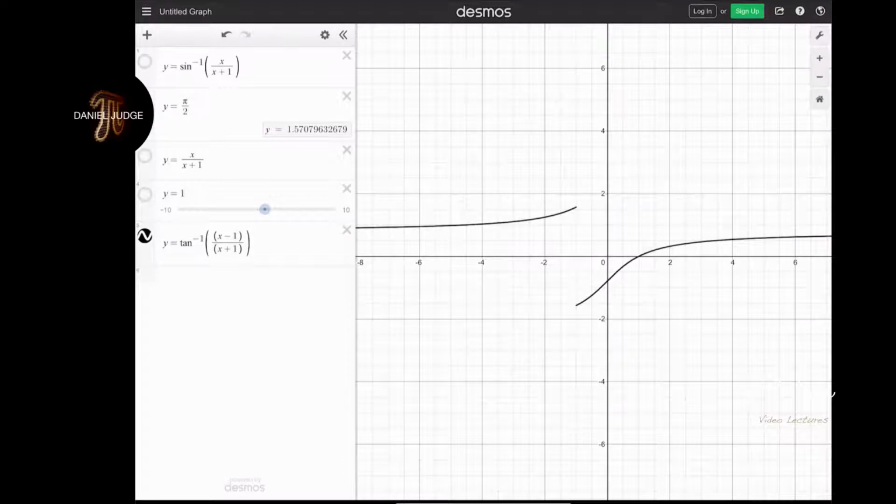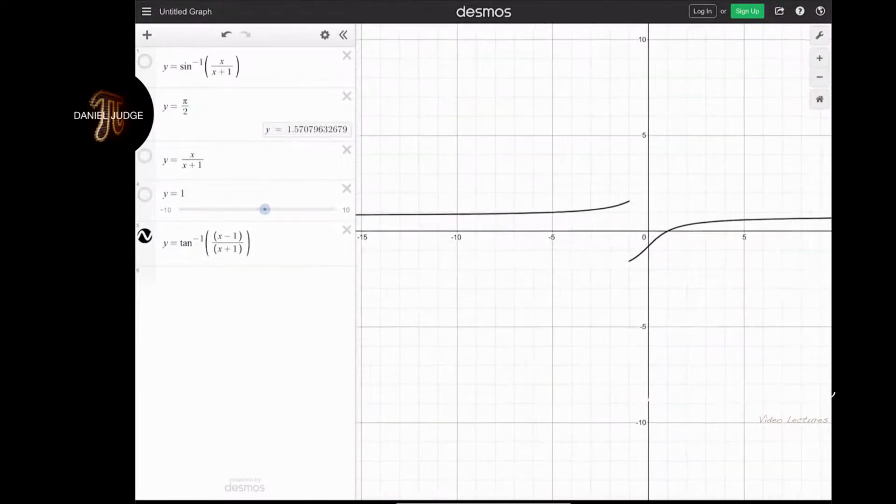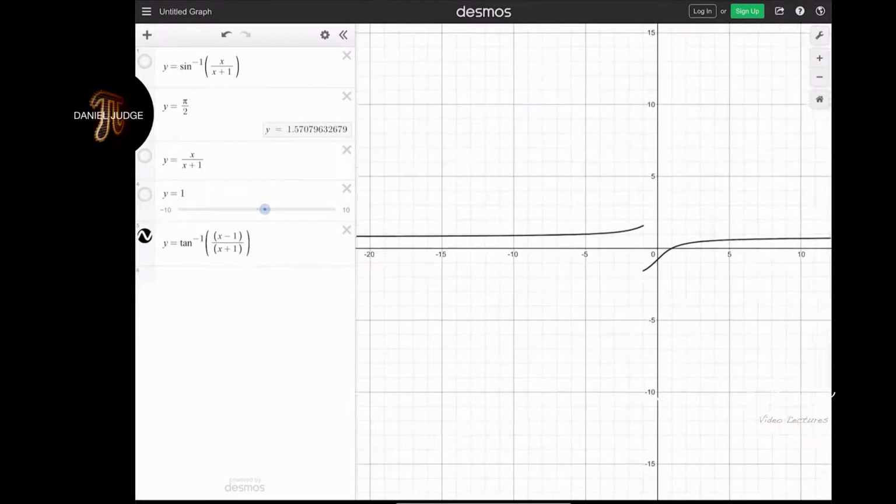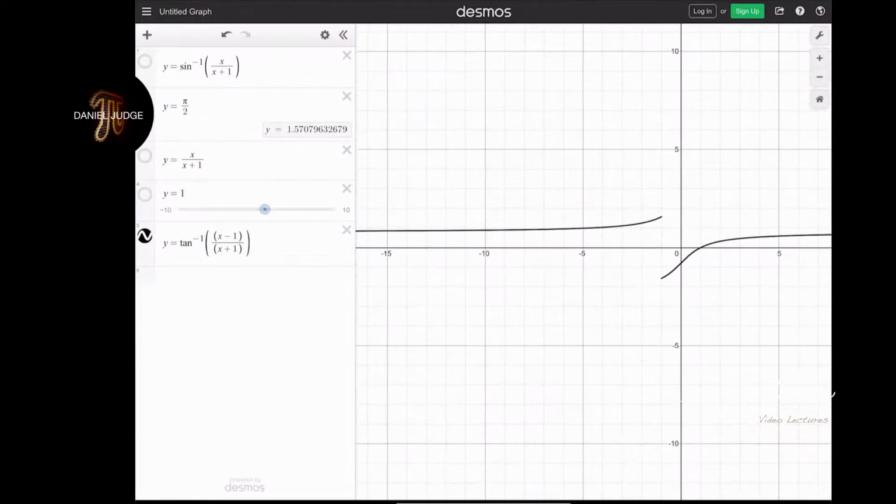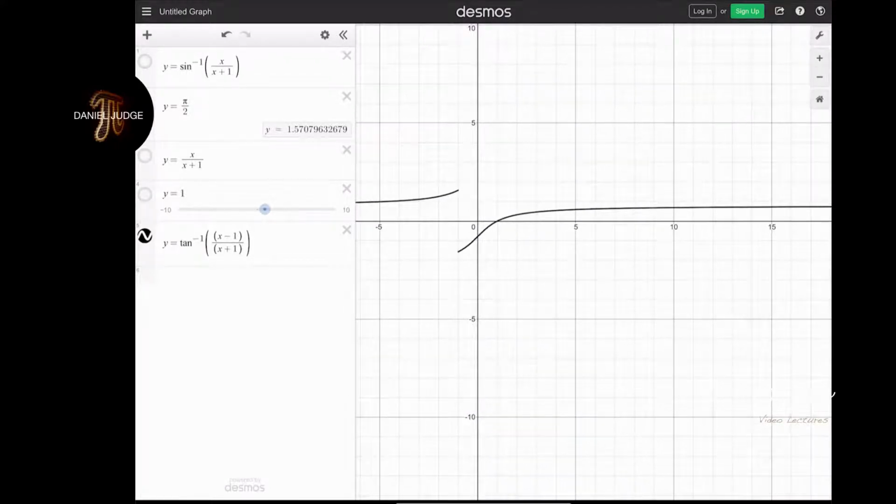The function's not defined at negative 1 because you can never divide by 0 here. And when you took the first derivative, what you're supposed to be saying is an increasing slope for all real numbers.